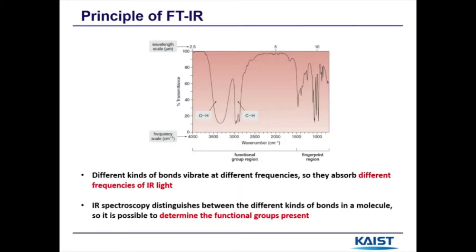So, different kinds of bonds vibrate at different frequencies, so they absorb different frequencies of IR light. It means that IR spectroscopy can distinguish between the different kinds of bonds in a molecule. So, it is possible to determine the functional groups present.